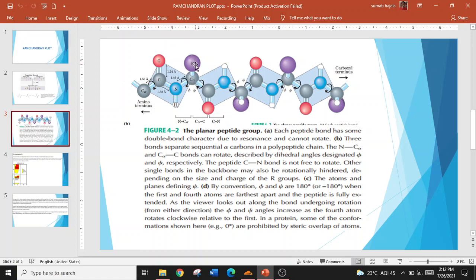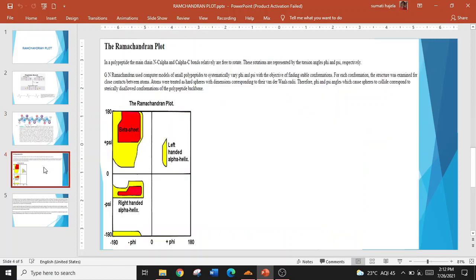So it was necessary to find out how far these two are, and these calculations were done to define the correct place of each amino acid when any two are linked in a polypeptide. Atoms were treated as hard spheres with dimensions corresponding to their van der Waals radii.